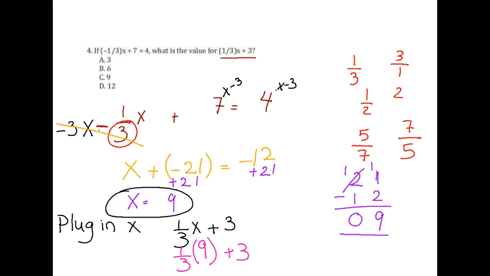To simplify this, 1/3 of 9 means 9 divided by 3. Hopefully you know that 9 divided by 3 is simply 3. So this is equal to 3 plus 3, which is equal to 6. So B is the right answer.